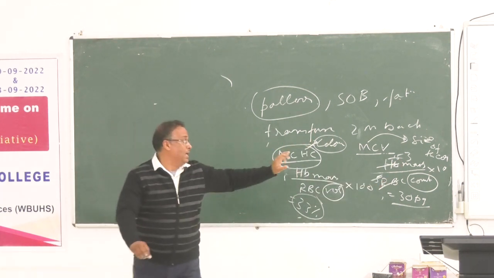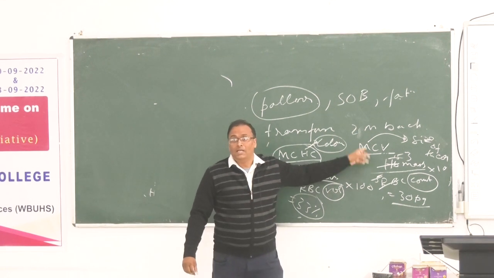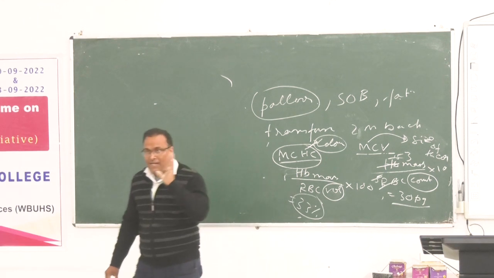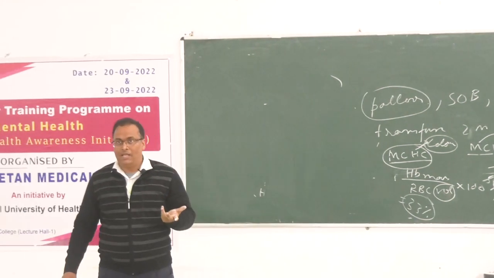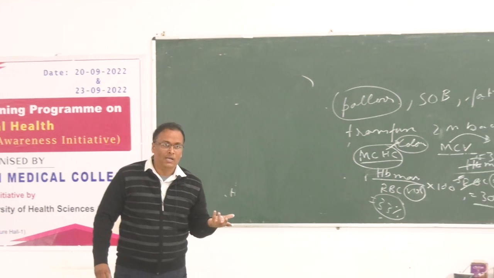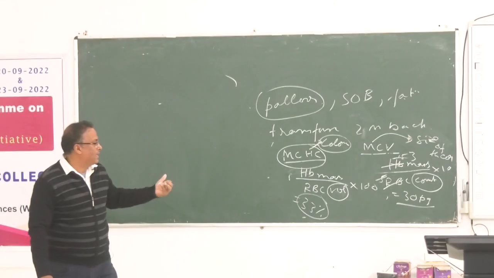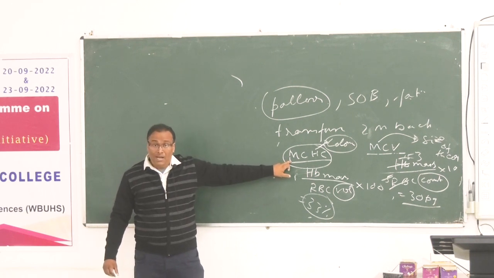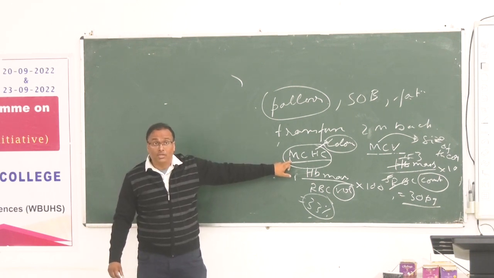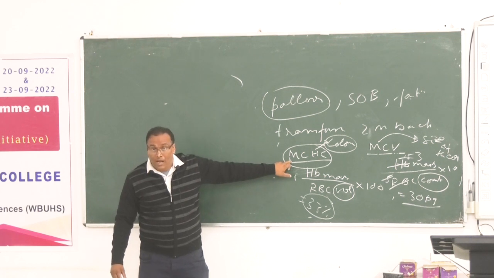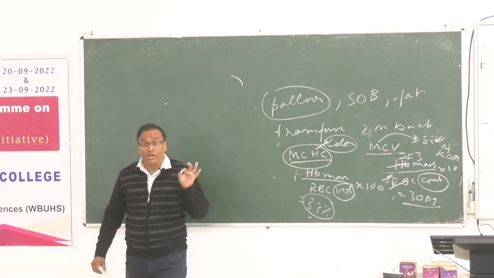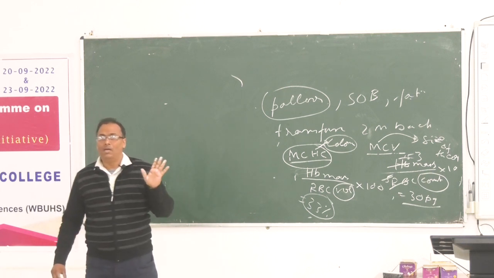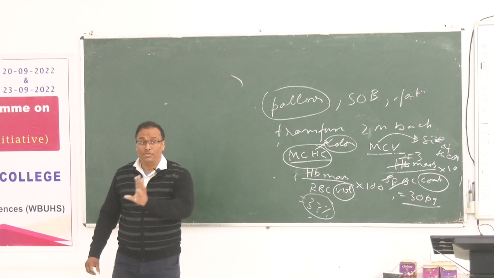Sorry for that. MCV means size, the volume of one RBC, and that is important for the size. That may be big, may be small, may be normal. Normochromic, MCHC may be normal, may be hypo. But hyperchromic almost never happens.